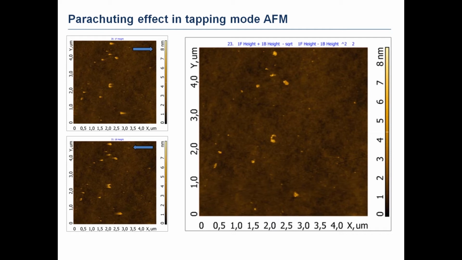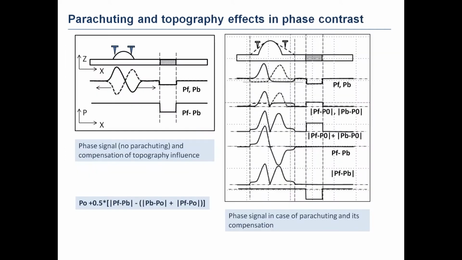By the way, it is also quite useful when operating with phase imaging, because if we suppose that we have a sample with some kind of topography feature and at the same time with some kind of, let's say, material contrast, where the phase contrast corresponds to the dissipation of energy that happens between the cantilever and the sample, and if we have some kind of material feature here, we will have in the phase contrast two areas.